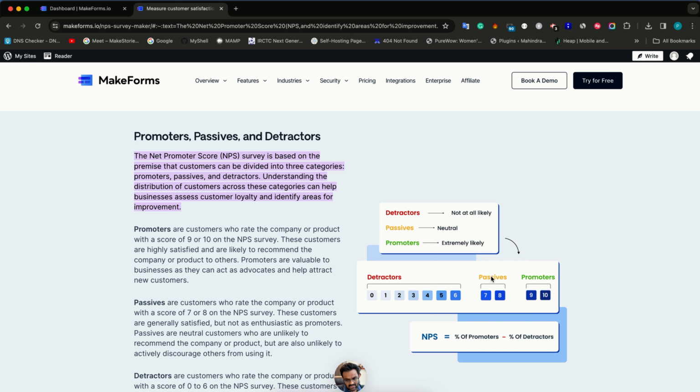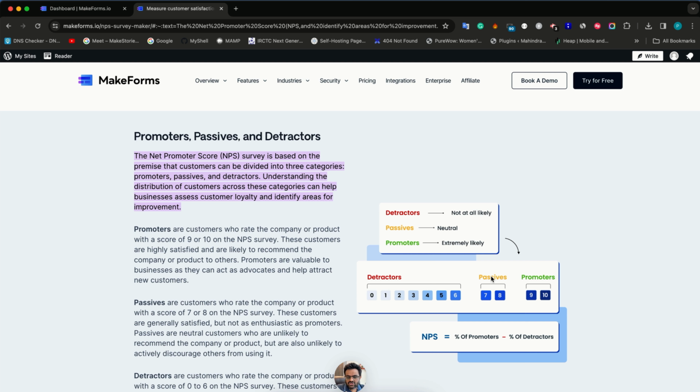Out of those 1,000, there was a good chunk of your customers who were detractors. But out of those 4,000 who never filled up that survey, let's say almost 80% were promoters, which is almost 3,200. And here 500, 50% of your 1,000 people who filled out this survey, were detractors.